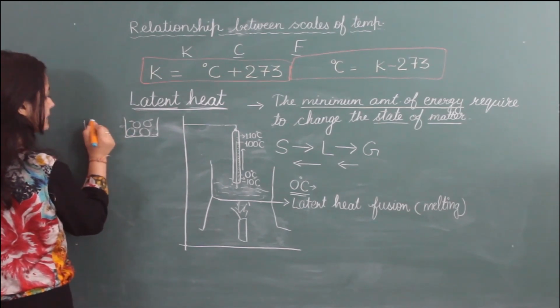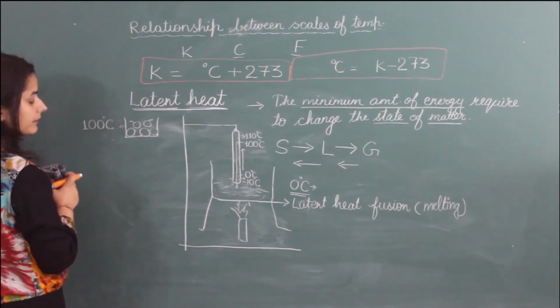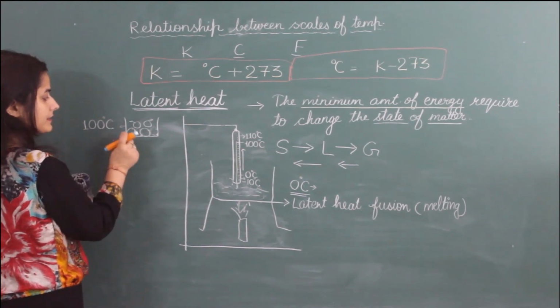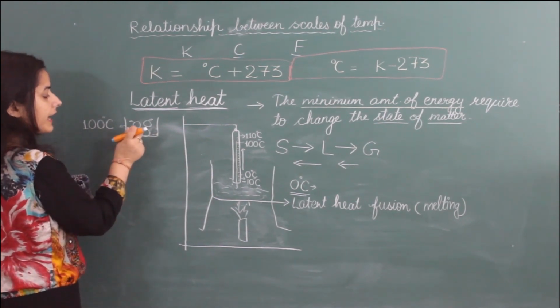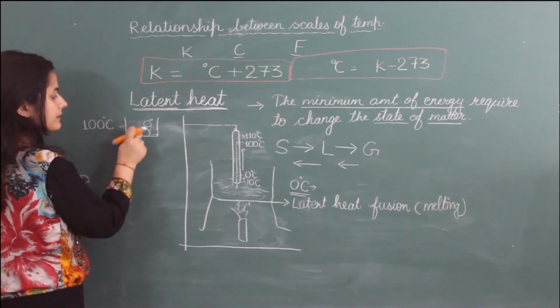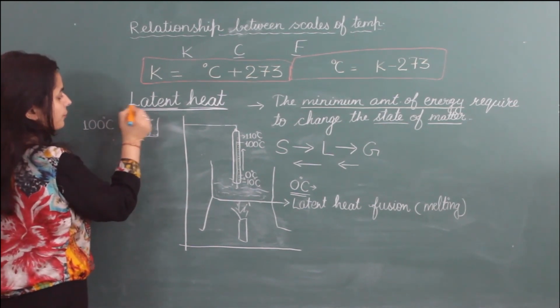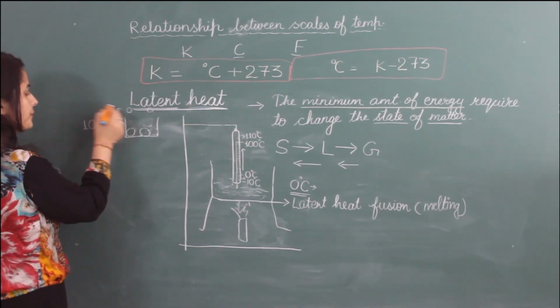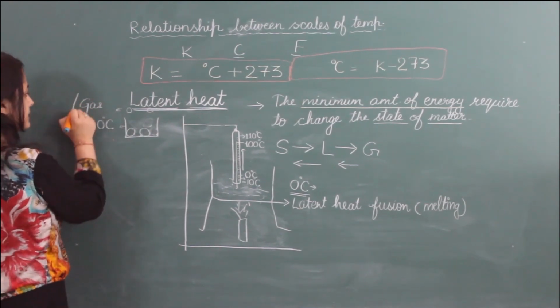At 100 degrees Celsius, what happened? We are continuously heating it. At 100 degrees Celsius these particles get enough energy and are released out from this container. That means they are now converted into gas or steam state.